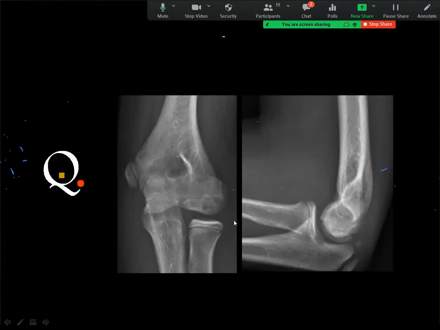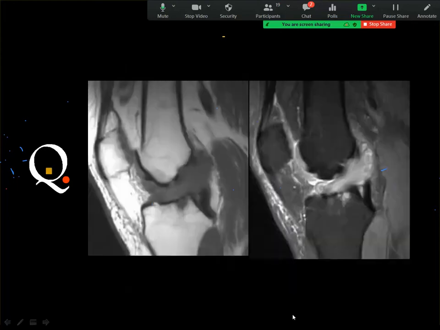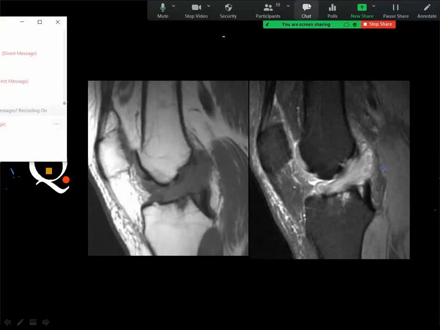You get some radiolucency and bone sclerosis, and this is diagnostic of capitulum osteonecrosis. Osteonecrosis of the capitulum is a self-limiting disease, and it can heal completely without any damage to the joint. Then next case.